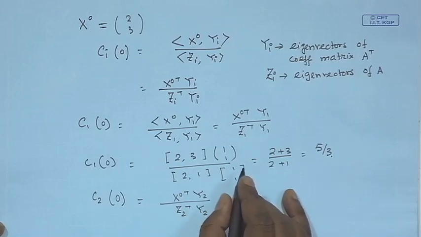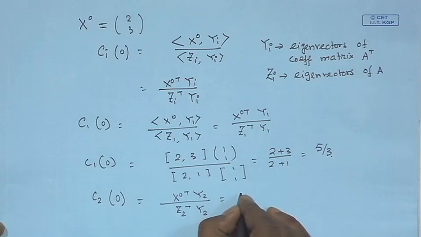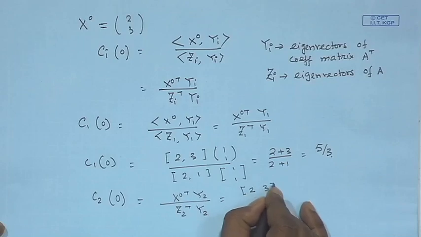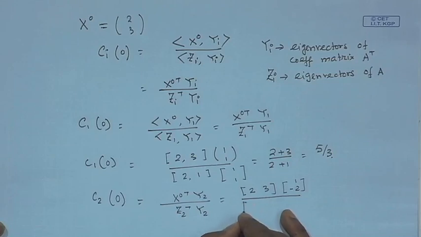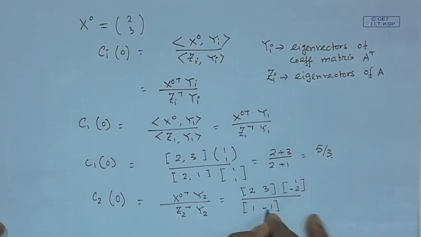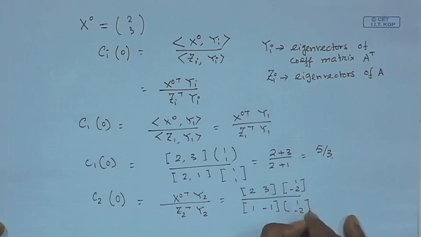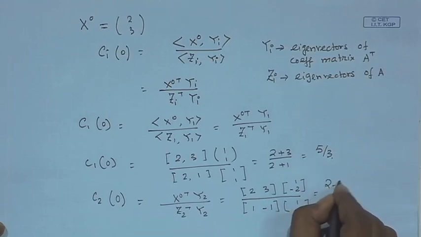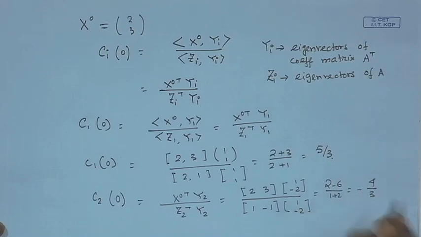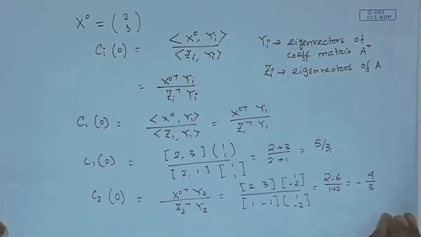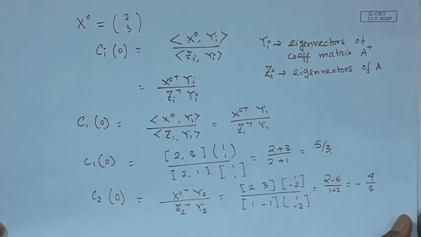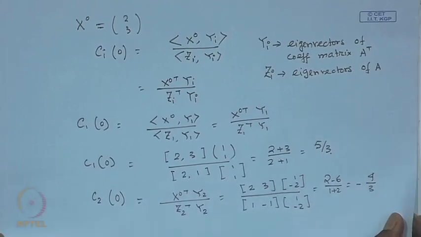This is 2 3, and y 2 will be 1 minus 2, divided by 1 minus 1 and 1 minus 2, and ultimately it will be 2 minus 6 divided by 1 plus 2. So it will be minus 4 by 3. So we were able to estimate the coefficients C 1 and C 2, and all the quantities are now known to you.